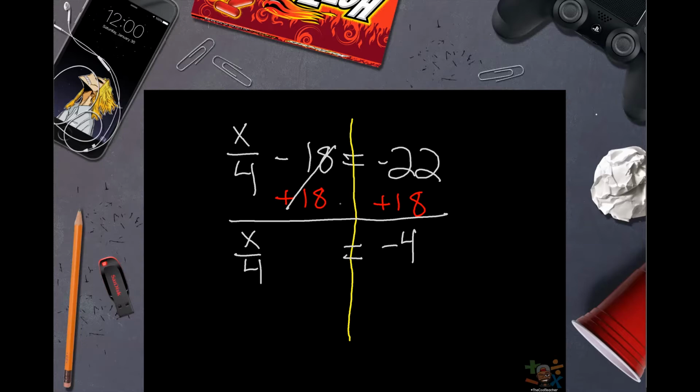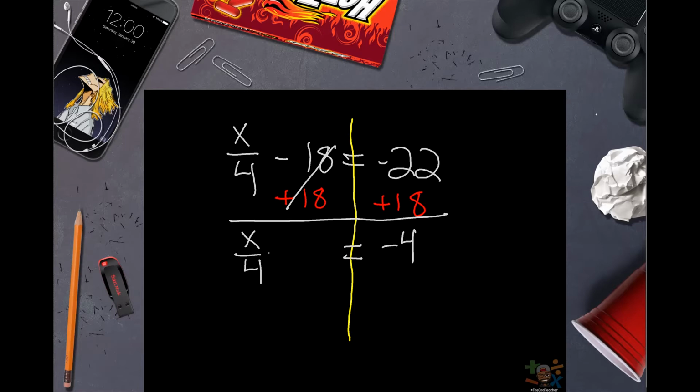Look at the side with the variable, left side. This shows me x over 4. A fraction, in essence, is division. Since this shows me division, what is the inverse? The inverse of division is multiplication.